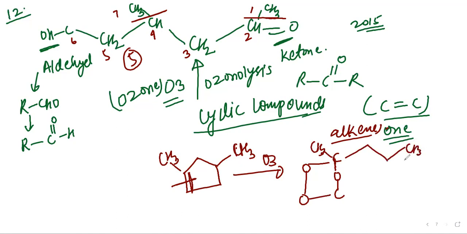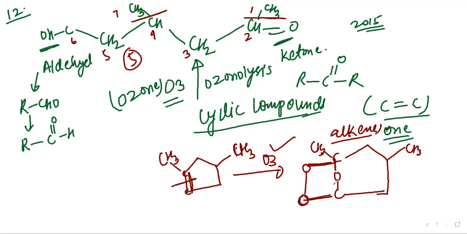This is your CH3. And this is your bond with the carbon. Understood? So when it does ozonolysis, one oxygen atom is inserted between these two carbons and one will be adjacent to it, adjacent to this one and this one.